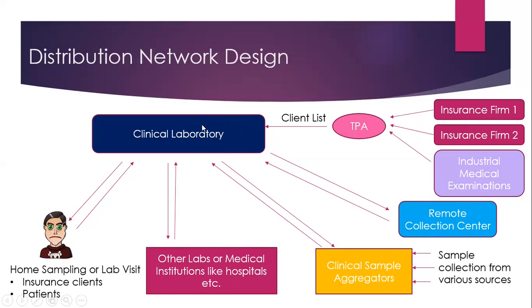The clinical laboratory either goes for home sampling, or goes to the institutes for medical examinations, or the patients or employees come to the laboratory for the medical examination testing. So this is about distribution network design of a clinical laboratory.